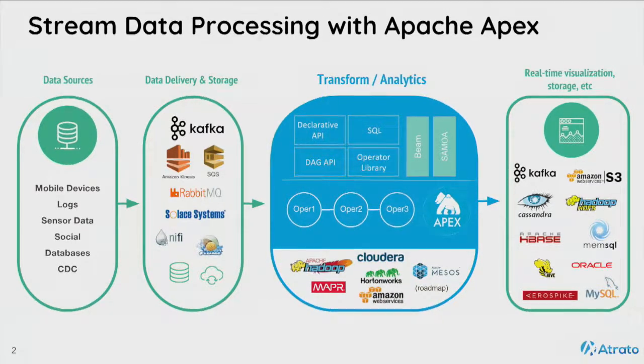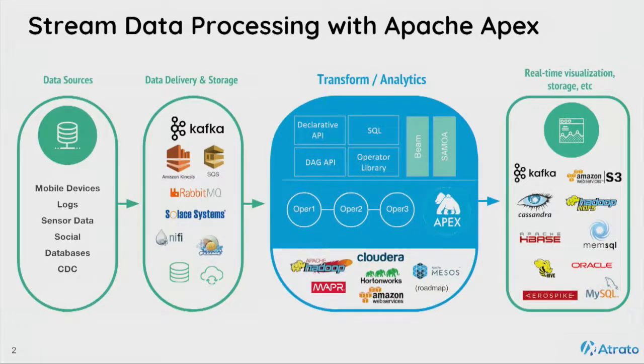Apex is a stream processing platform and framework, and it fits into the larger picture as you see here in the blue box. You have many different data sources that continuously produce data: mobile devices, logs, sensor data, you name it.